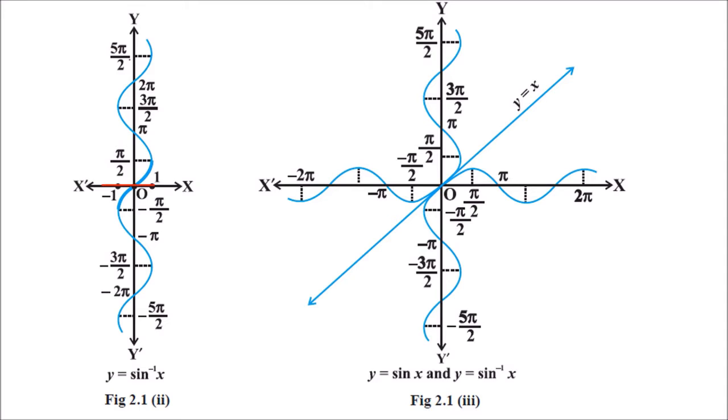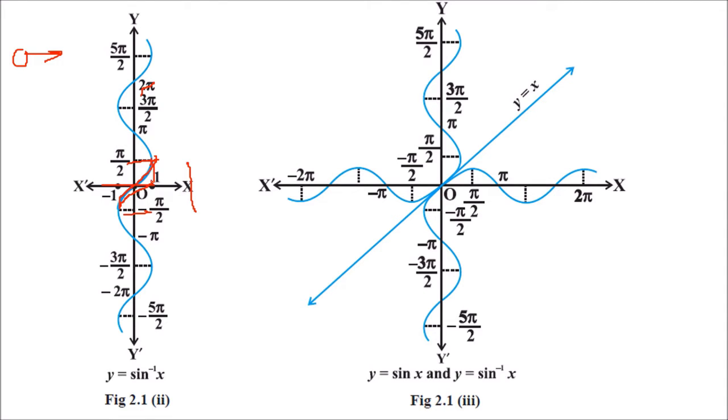Now this x and y we have interchanged, and if your eyes are here, you see it just like a sine curve. But the way you are watching right now, this is your sine inverse x. And this portion from pi by 2 to minus pi by 2 is our principal value branch.